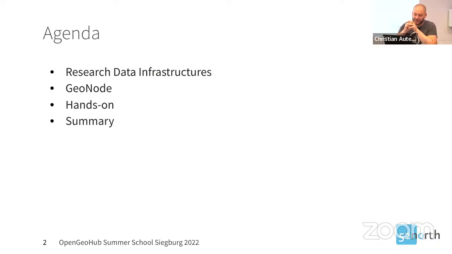Originally, I was planning that you can access my laptop and access my GeoNode instance. Unfortunately, the Wi-Fi doesn't allow that. So this will be just a demo, and I will click through it. Sorry for that. And after that, we'll have a little summary.